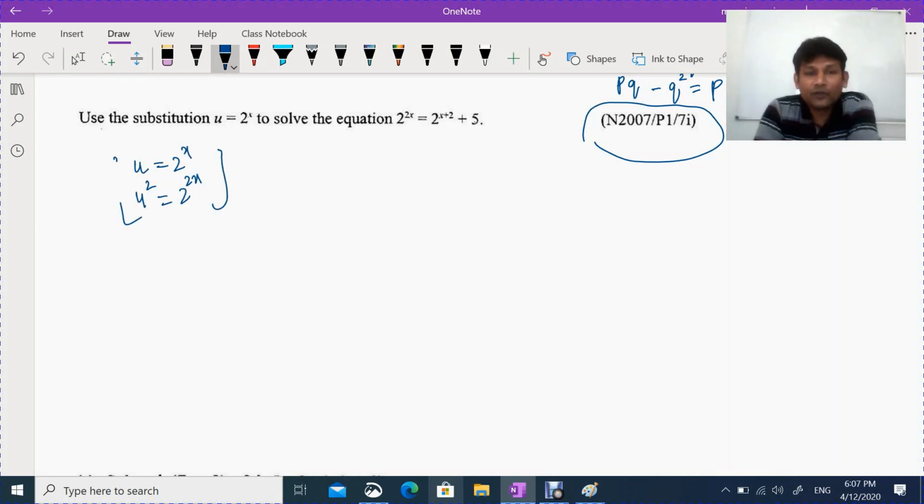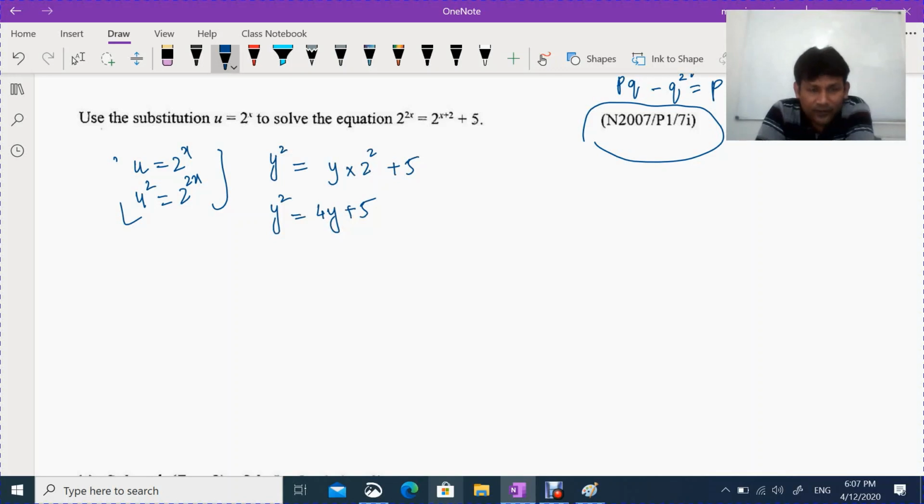Now this 2 power 2x will become y square, equal to, you can break 2x into 2 power 2 plus 5, and this becomes 4y. So y square is equal to 4y plus 15.